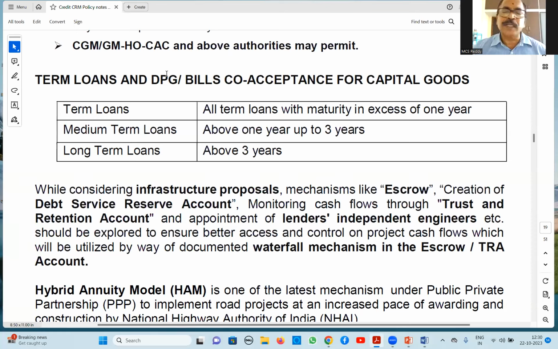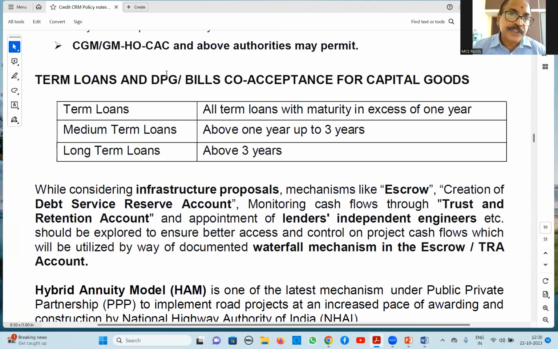They are nothing but capital ratio: CRAR or CAR or simply CR. All are the same terminologies: capital to risk weighted assets ratio, capital adequacy ratio, or capital ratio. All are similar terms only. Right? Now, similarly, term loans, DPG means deferred payment guarantees.